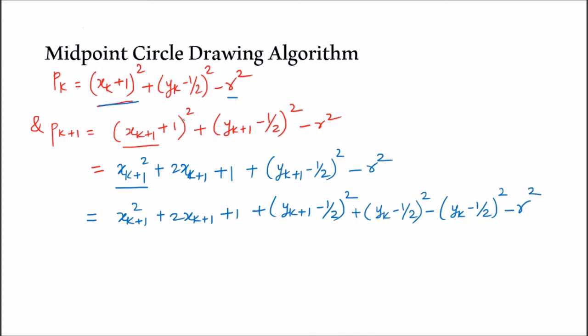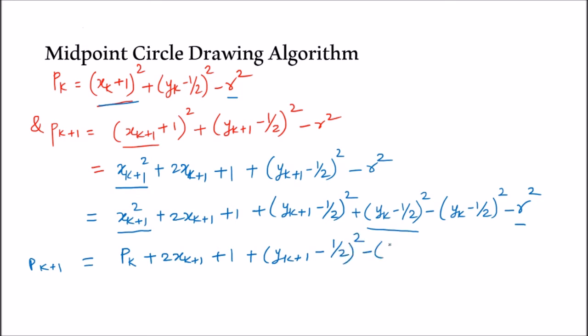Now the quantities are available, so the first, second and third terms are nothing but p of k. So I will write p of k plus 1 is equal to p of k plus 2x of k plus 1 plus 1 plus y of k plus 1 minus 1 by 2 square minus y of k minus 1 by 2 square. So this is equation number 3.